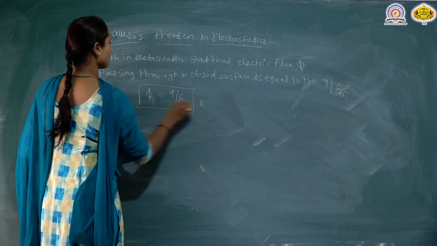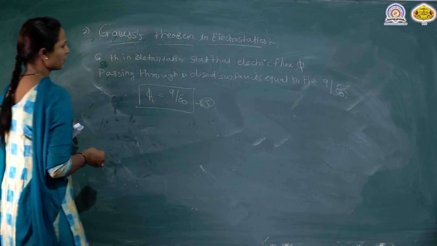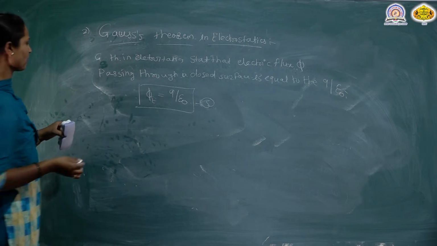This is Gauss's theorem in electrostatics, and the flux phi is equal to Q upon epsilon naught. This is equation number 3. This is Gauss's law in electrostatics.